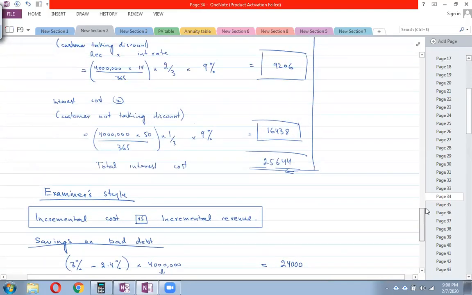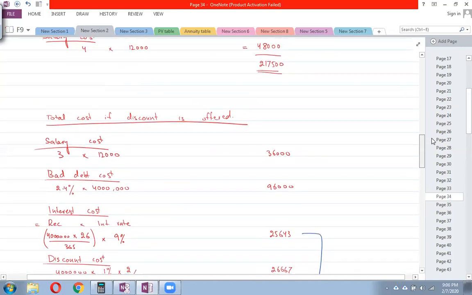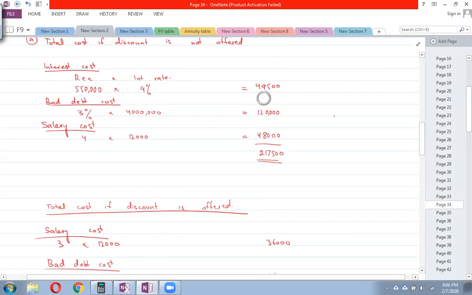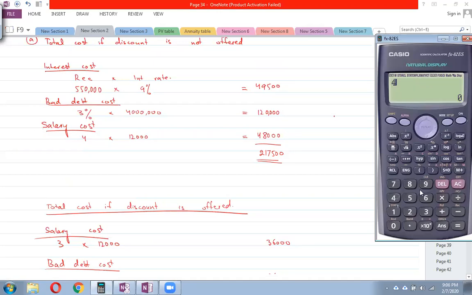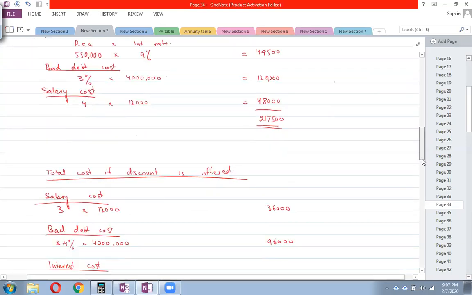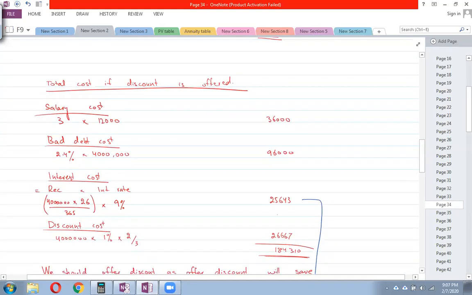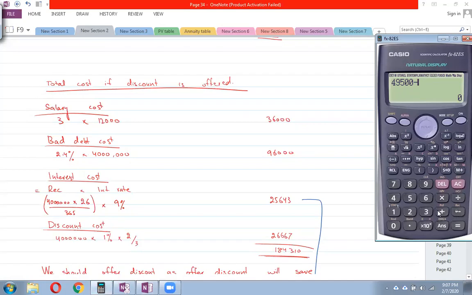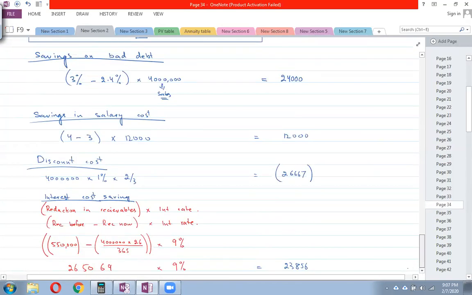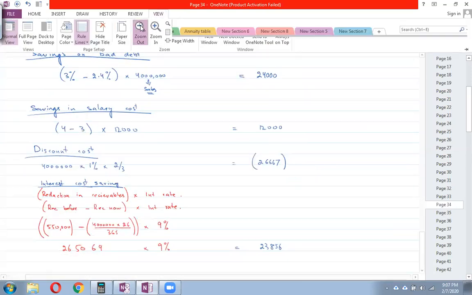Let's see what was this figure before, interest cost savings, right? Now, we had interest cost of 49,500 and the interest cost later on after the discount option was 25,643. So the savings in the interest will be 23,587. And that's what we have calculated here, 23,587 or 6. It's just because of the rounding. Can you see it?